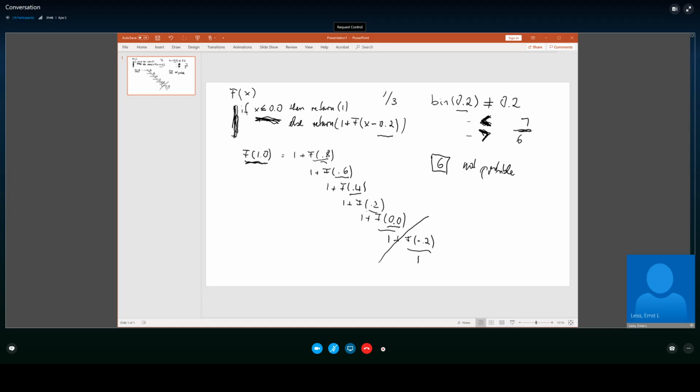So what that really means is that 0.2 is not a constant. And does not have the value 0.2.